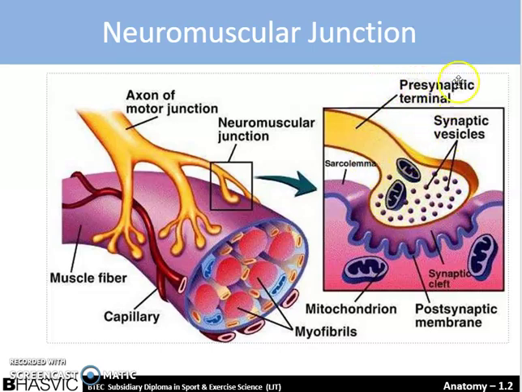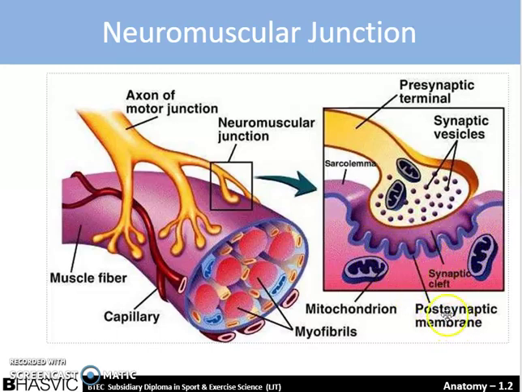This presynaptic membrane, once it reaches here, the synaptic vesicles containing ACH, which is acetylcholine, a neurotransmitter, transport down and transmit across the synapse to the receptor sites.